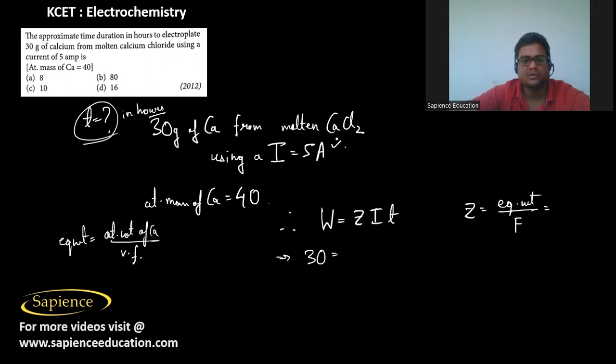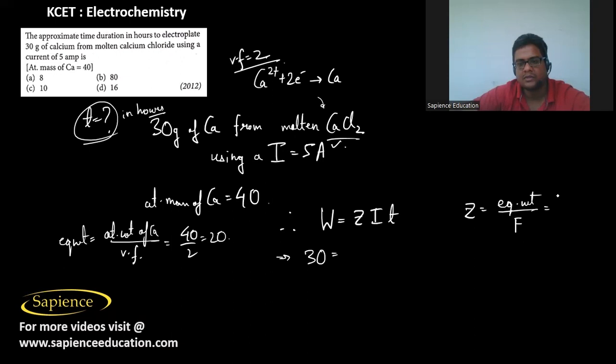Now in calcium chloride, Ca is in the Ca2 plus state, so it should gain 2 electrons to form a calcium atom. Since it will gain 2 moles of electrons to form 1 mole of calcium, the valency factor for calcium will be 2 here. Therefore the equivalent weight of calcium will be 40 by 2, that is equal to 20 gram.